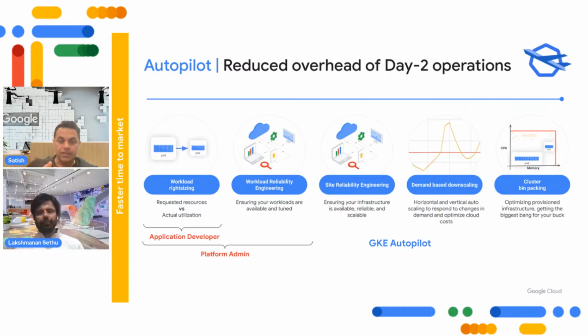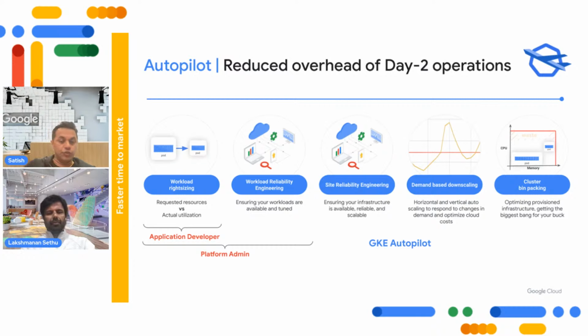Your responsibility is your workload. If there's any wrong code, that lies on the customer side, but as far as cluster node availability and pod availability are concerned, we take care of it.